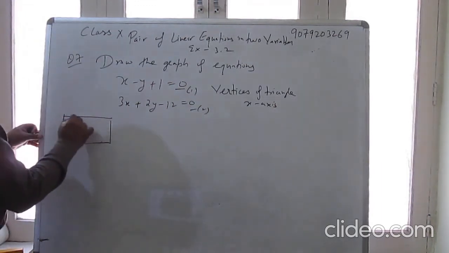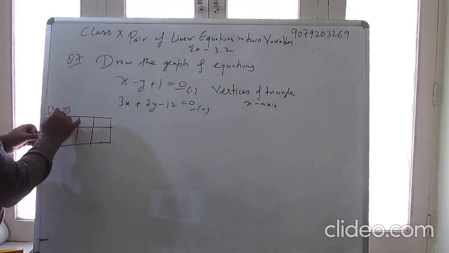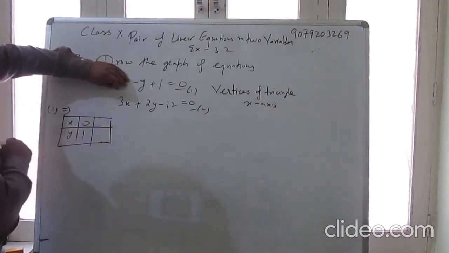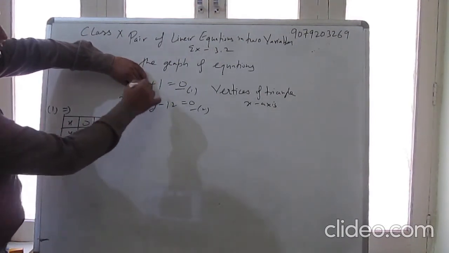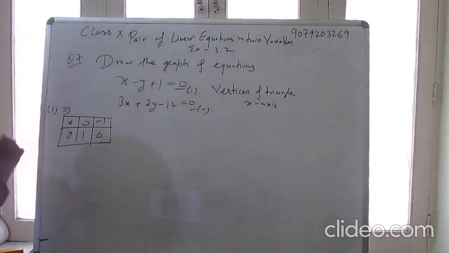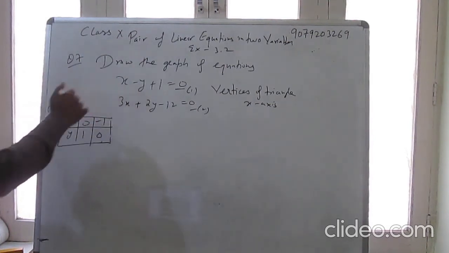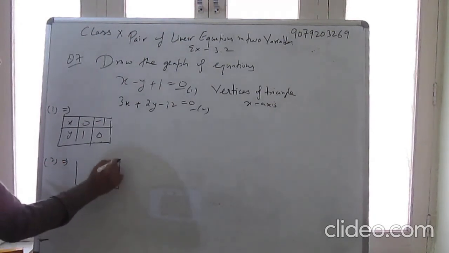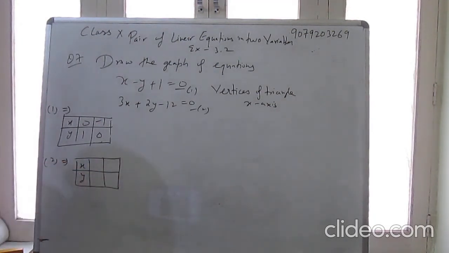Table for equation first. If I take x is equal to 0, then y is equal to 1. If I take y is equal to 0, when we transpose 1, it becomes minus 1. You can substitute it here. It will be 0. Now second equation, table for the second equation, x or y.